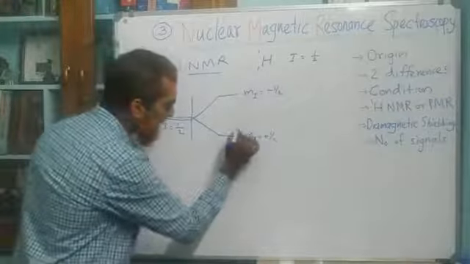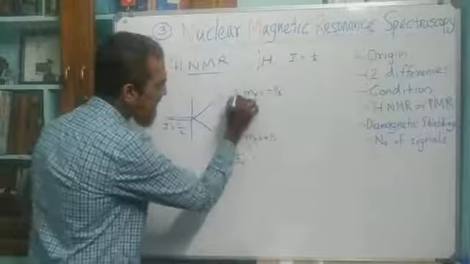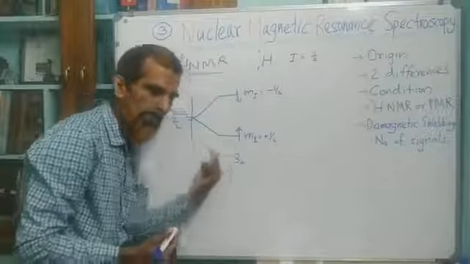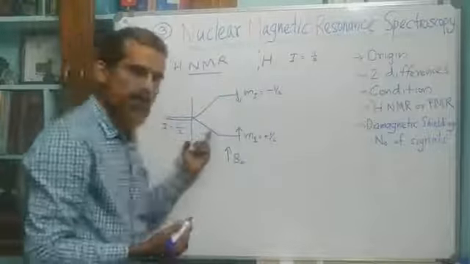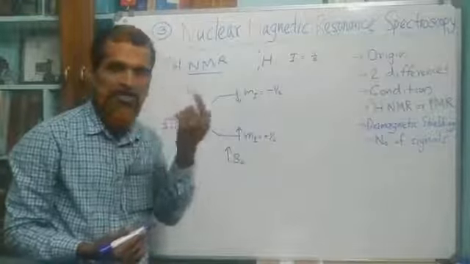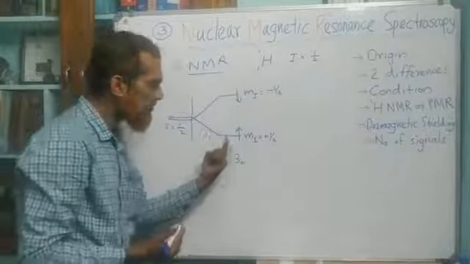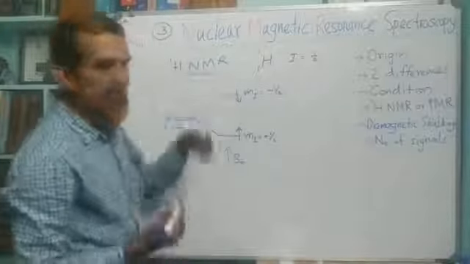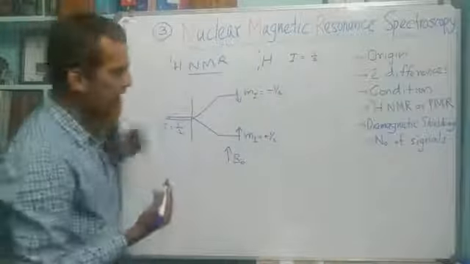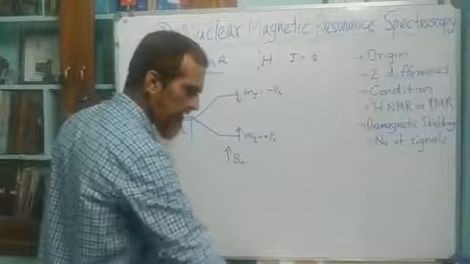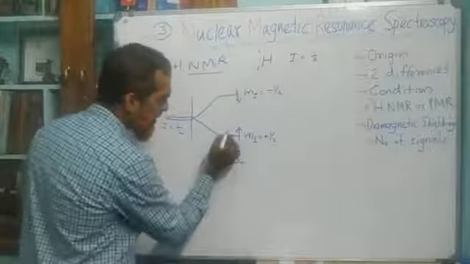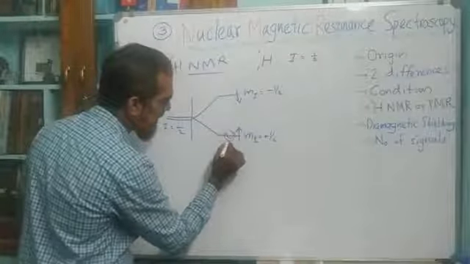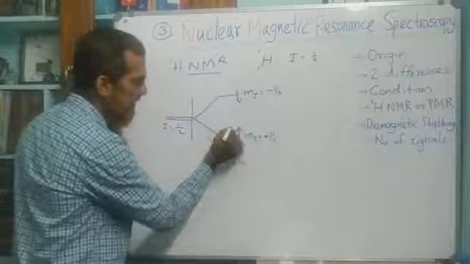This can be represented as up spin, and this as down spin. Compared to the applied magnetic field, the magnetic moment of the spinning proton can be in the same direction, which is of lower energy, or against the field, having higher energy. Normally the proton will exist aligned with the field.